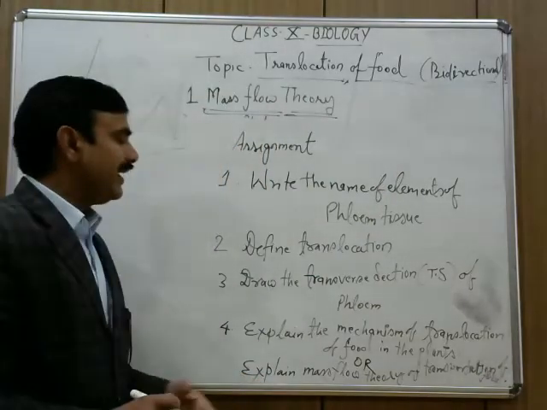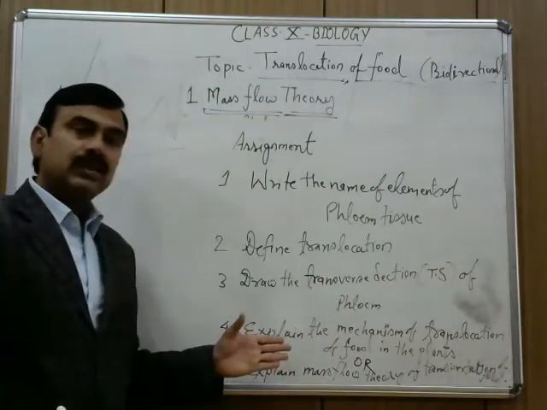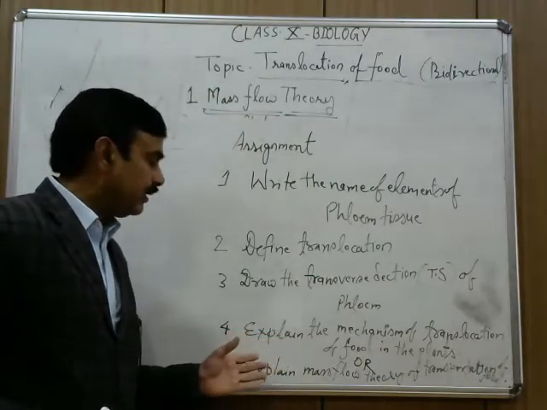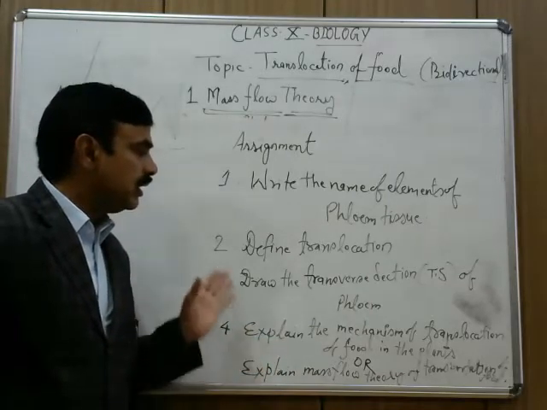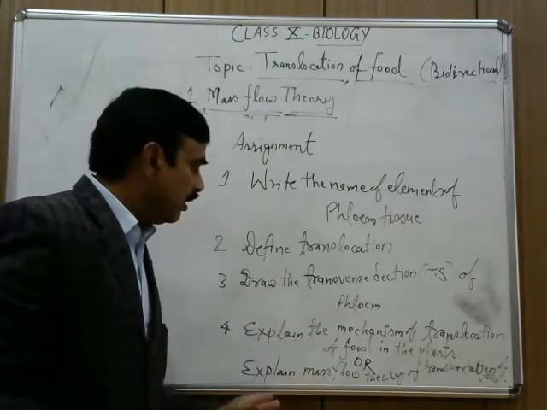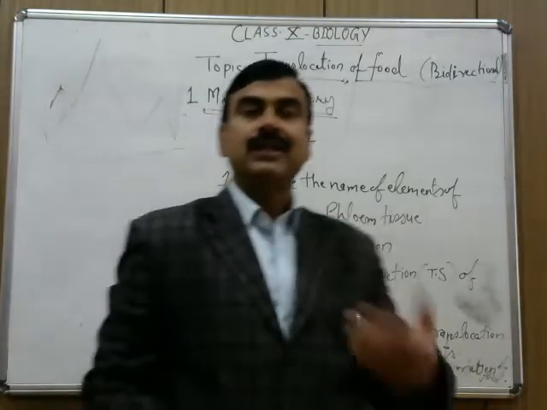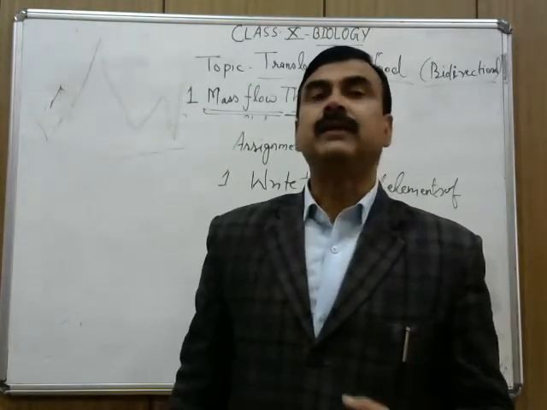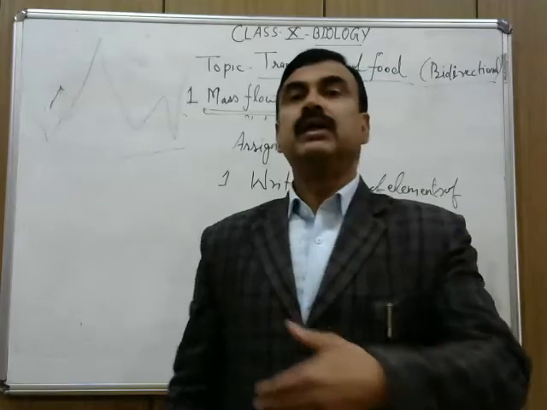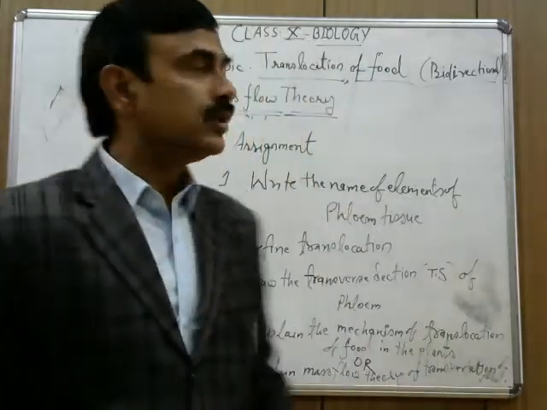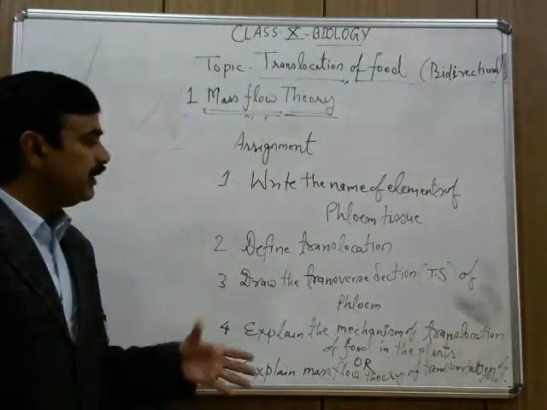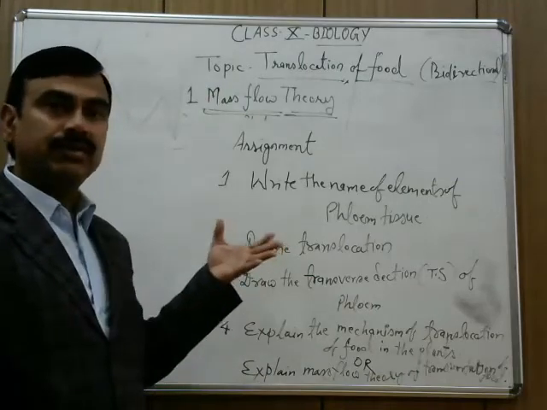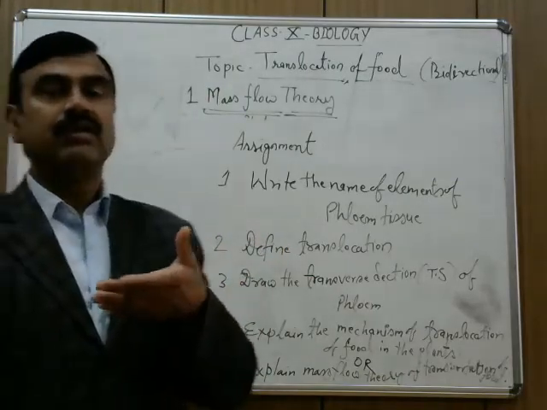So the answer would be the same, whether it asks for the transportation mechanism of food, or how you can explain the transportation of food through the mass flow theory. These questions are your assignment. You have to write in your fair notebook.